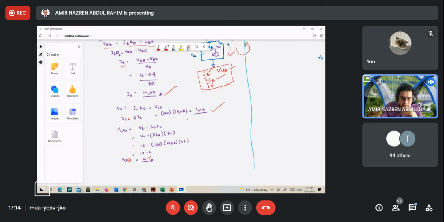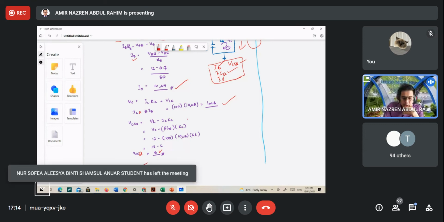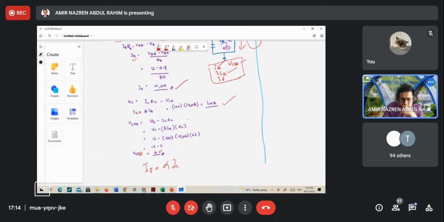because no resistance. If you still want to compute it, it's okay, by using IE equal to alpha IC, if you want. So alpha equal to beta over beta plus 1.